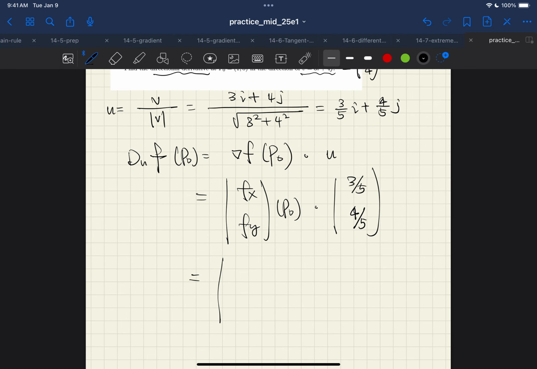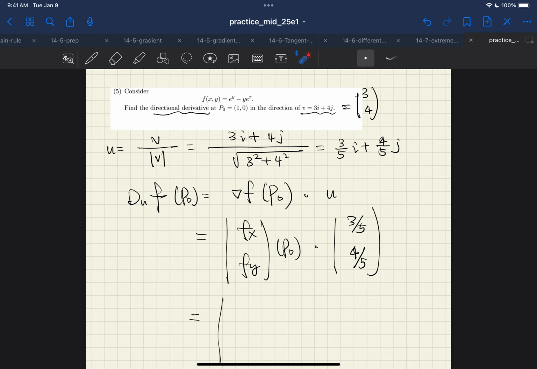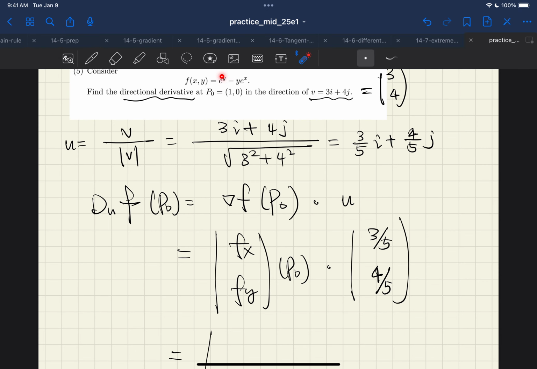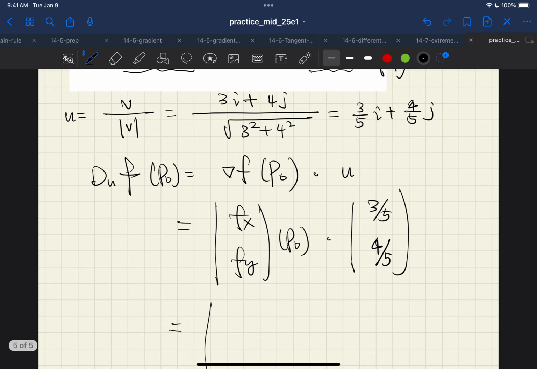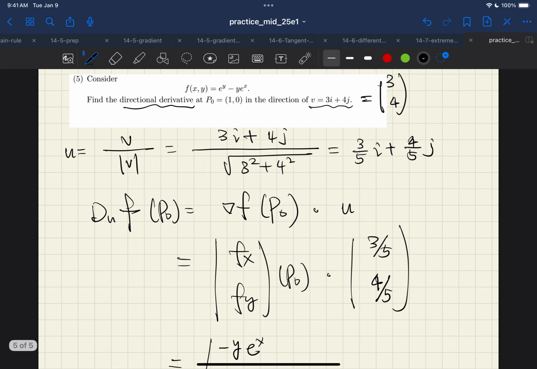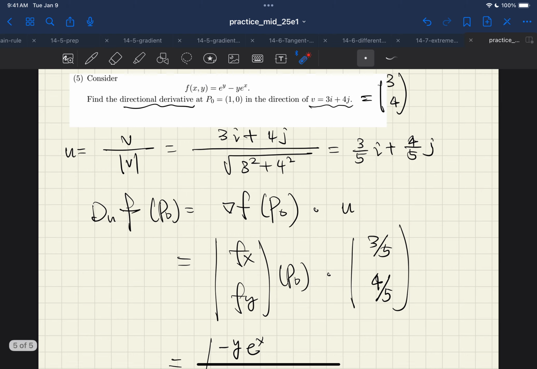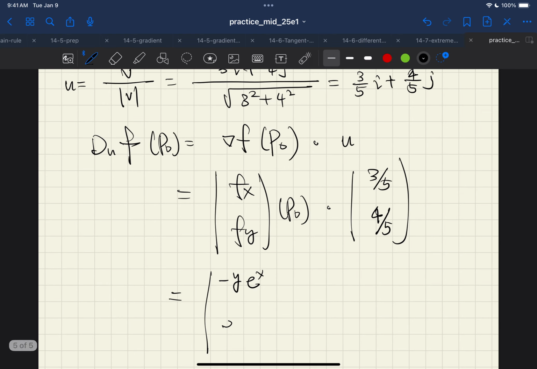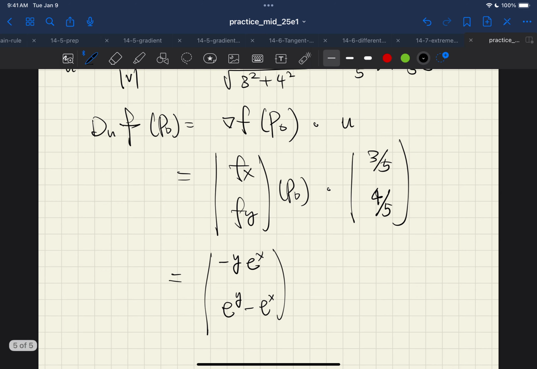And what is fx? When I take the derivative with respect to x, this goes to 0, and we get negative y e to the x. Negative y e to the x. And fy is e to the y minus e to the x. And P0 is 1, 0. So we are going to put 1, 0 here.